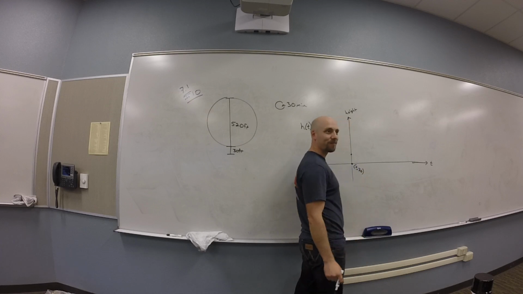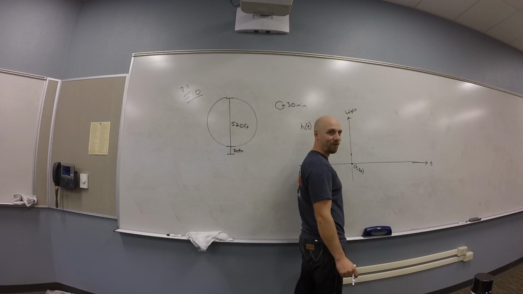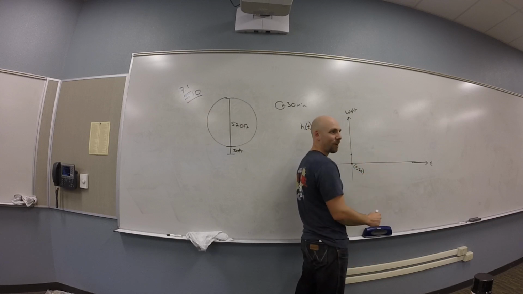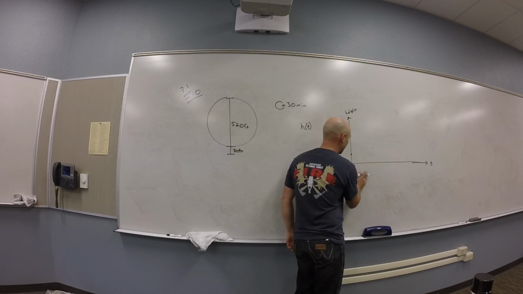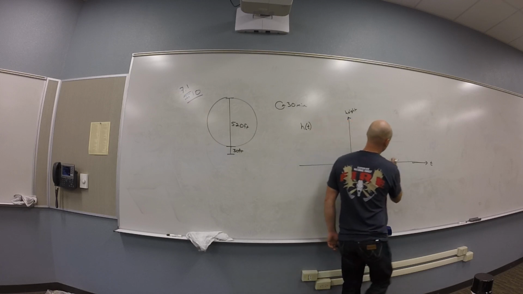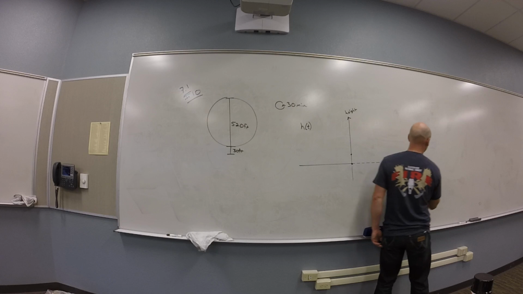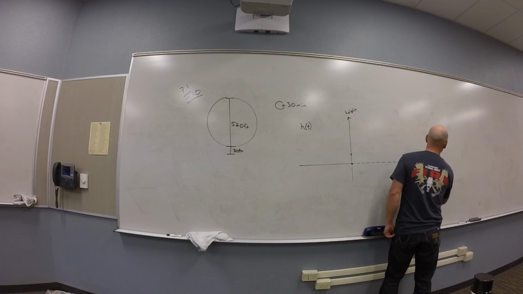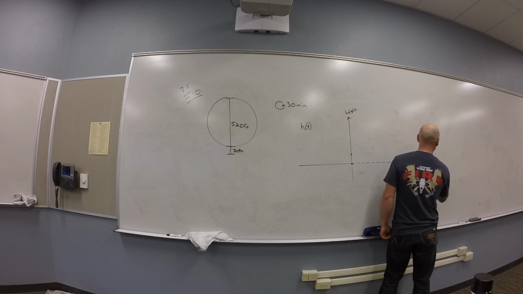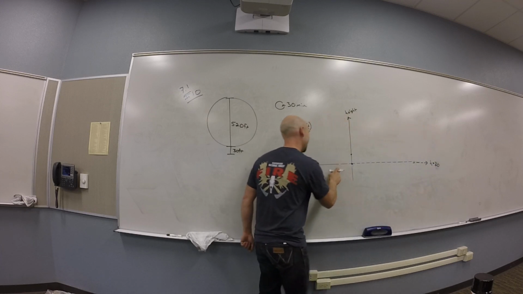I'm super not a fan of you guys relabeling the origin. I would rather you drew some kind of line. This is one that I actually want you to think about.